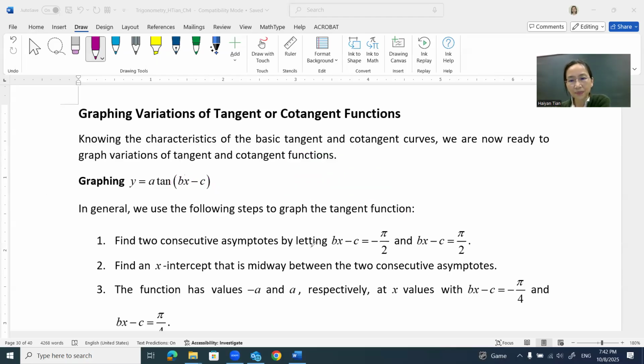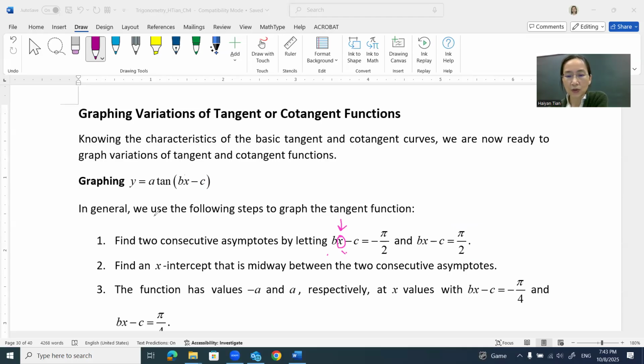We just treat this quantity as just one variable. And that variable, when it's negative half of pi, we know the tangent is undefined. When it is positive half of pi, the tangent is undefined. Then we can figure out what is the x. From there we can solve for x. Then we will see the vertical asymptotes.